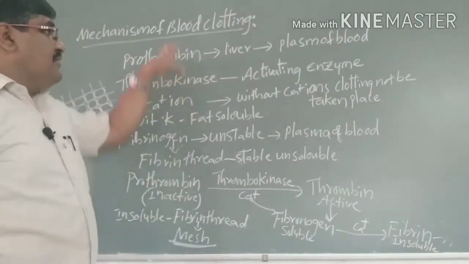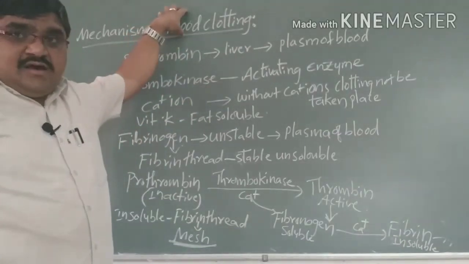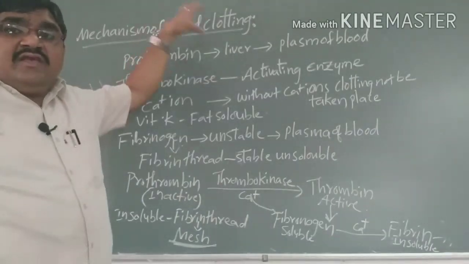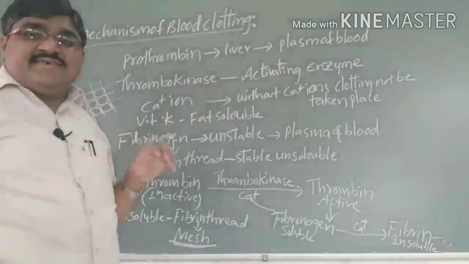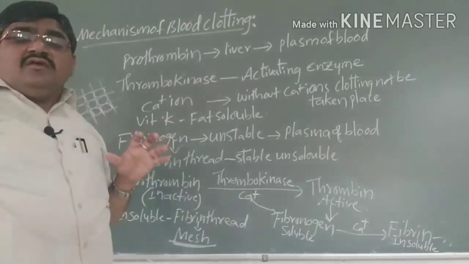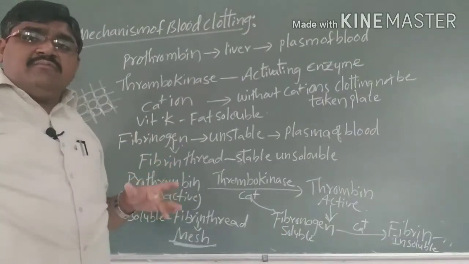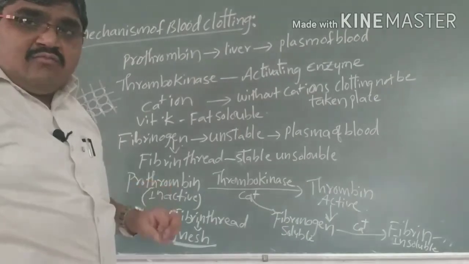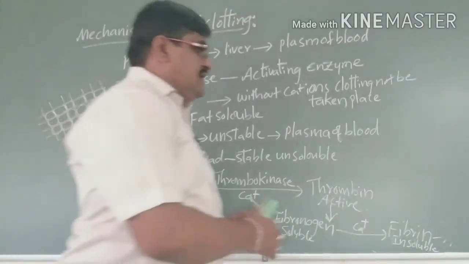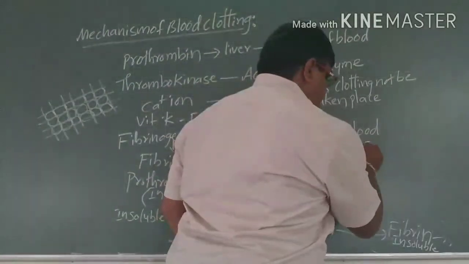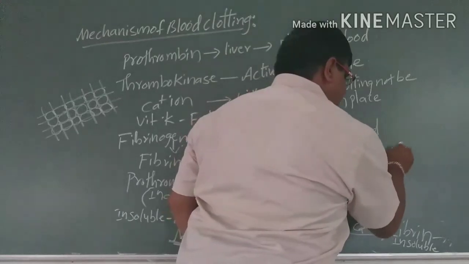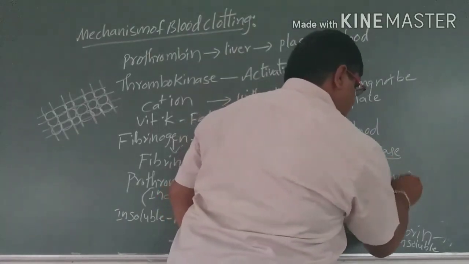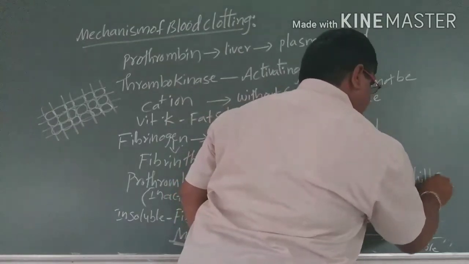Here the main role of thrombocytes or blood platelets is to help clot the blood within a fraction of seconds. If the clotting mechanism does not take place, there is a disease called hemophilia.